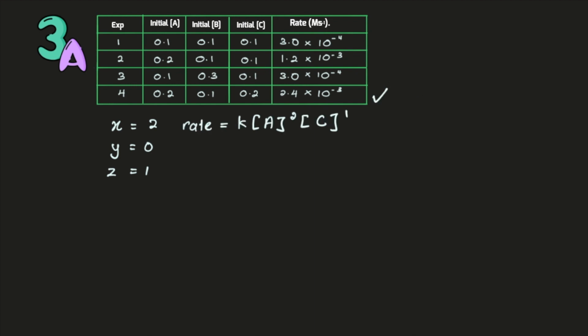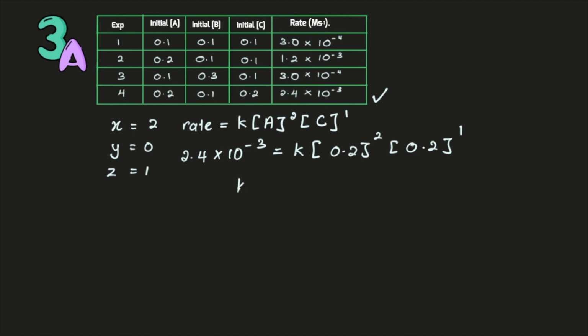Since we are using experiment number 4, your rate is 2.4 times 10 to the power of negative 3. So k is the one that you want to calculate. Your A is 0.2 to the power of 2, and your C is also 0.2 to the power of 1.